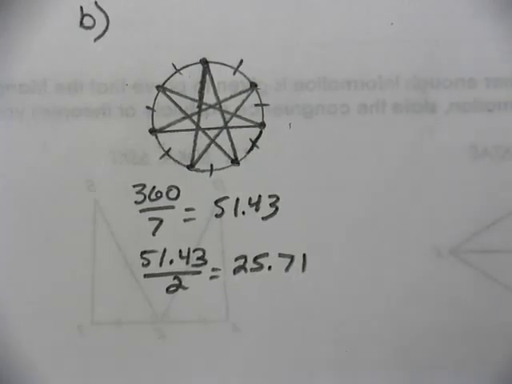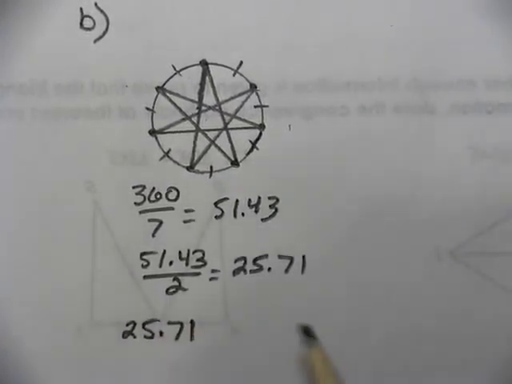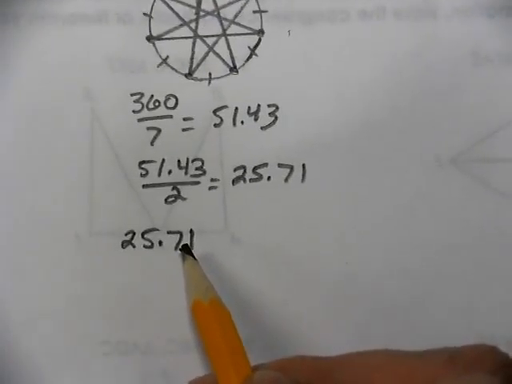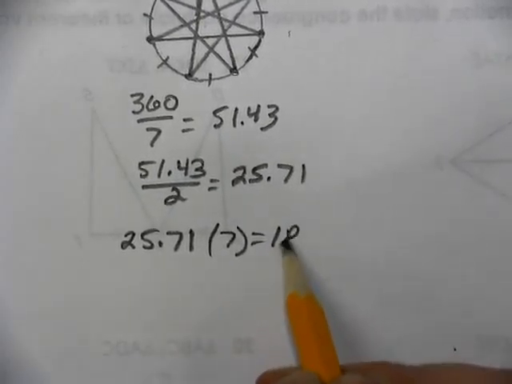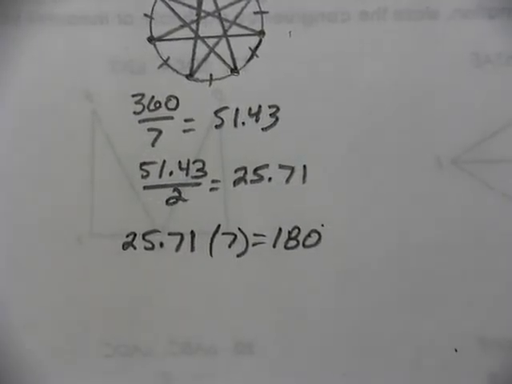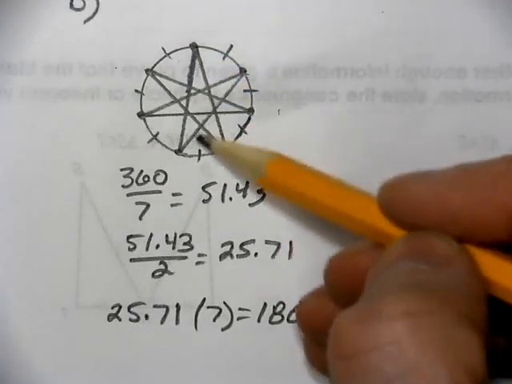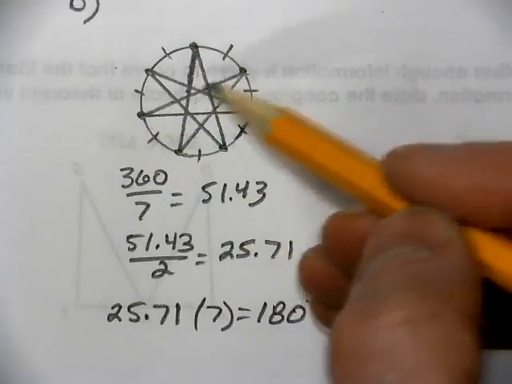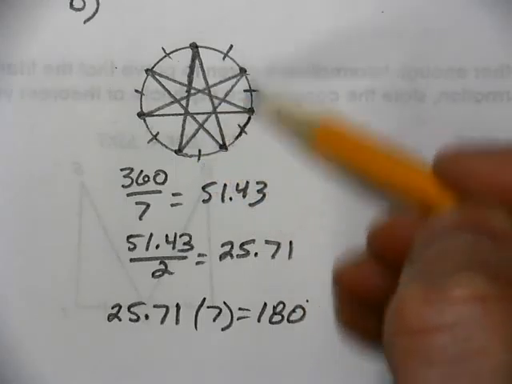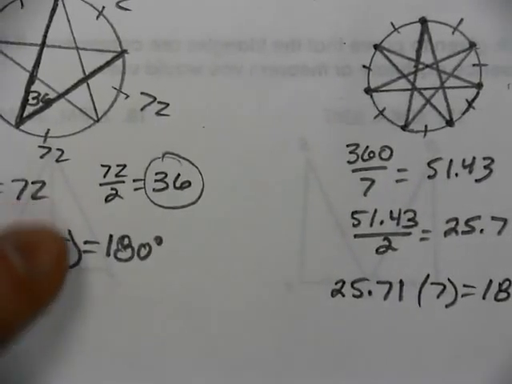And then the sum of all of them, because there are 7, we multiply that by 7. If you use the exact value, not this rounded value, you would come up with exactly 180. The reason it's exactly 180 is because the inscribed angles are intercepting each of the arcs. The arc is 360 all the way around. Each is an inscribed angle, so that's half of the 360, which comes out to 180, just as it did for question B.